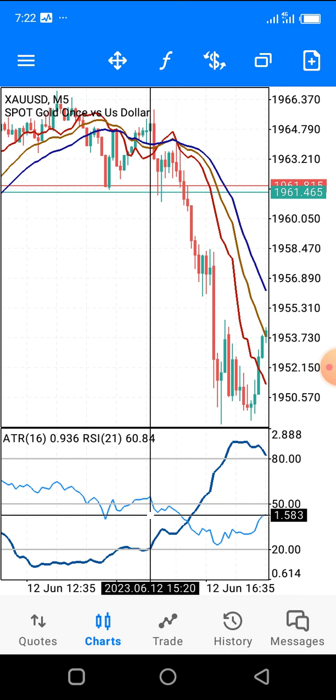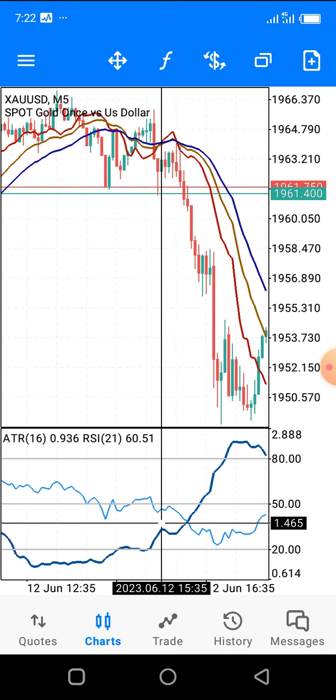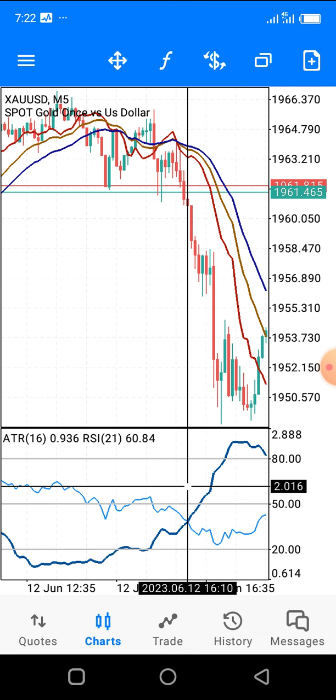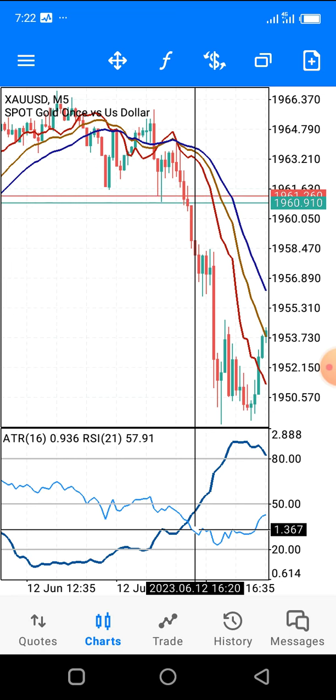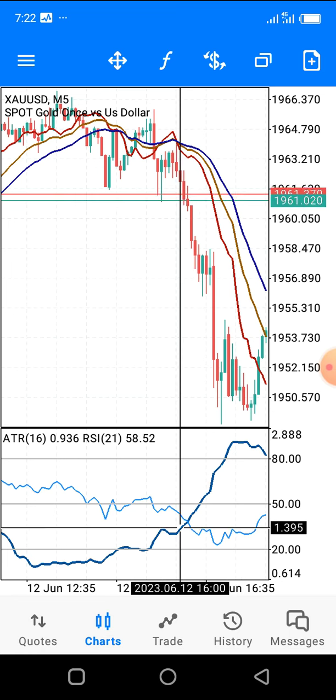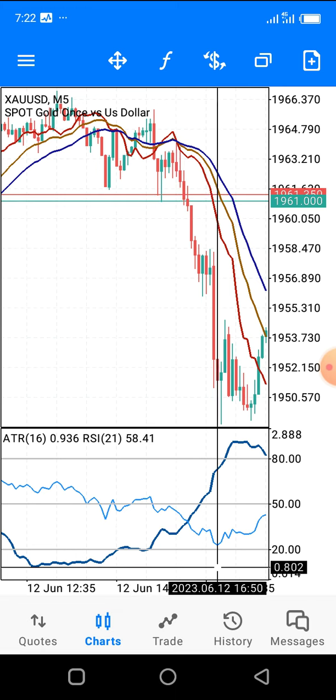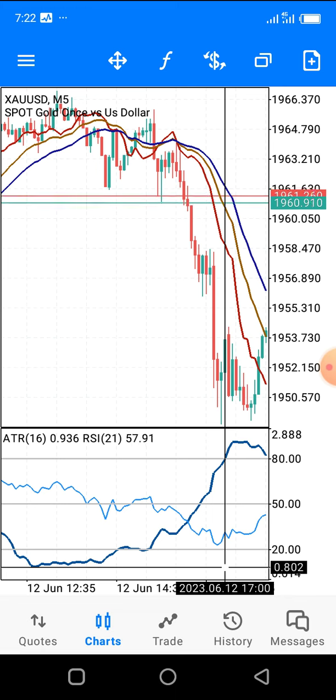So you all know that if RSI is reading above 50, it's strong buy momentum. If it is reading below 50, it is a strong sell momentum. If RSI is reading below 20, we know that it is an oversold level.